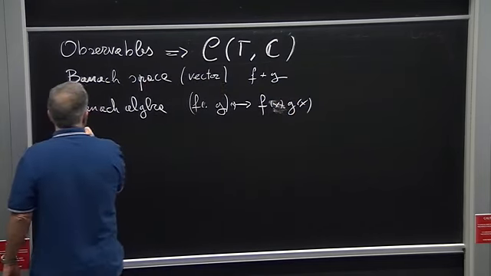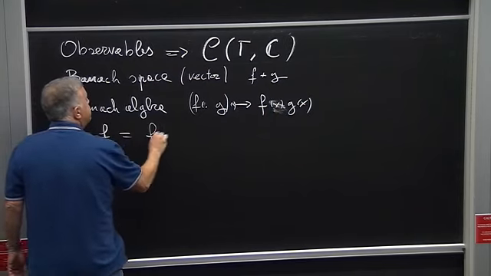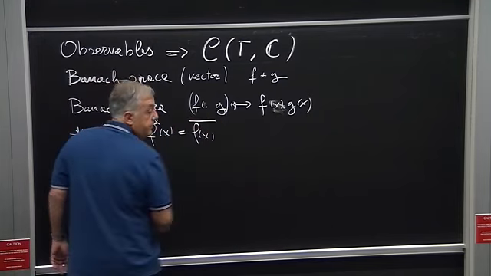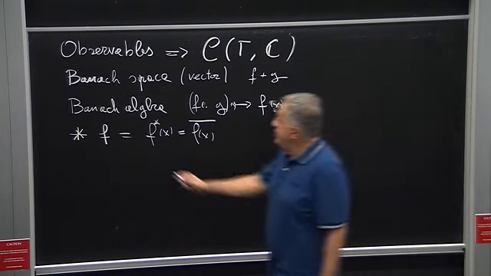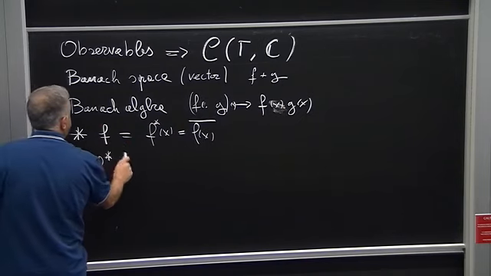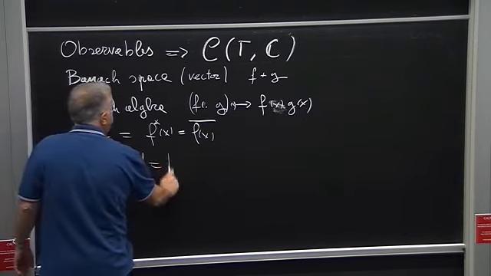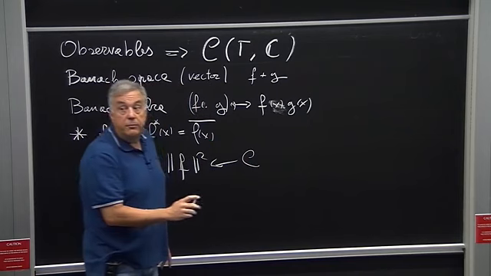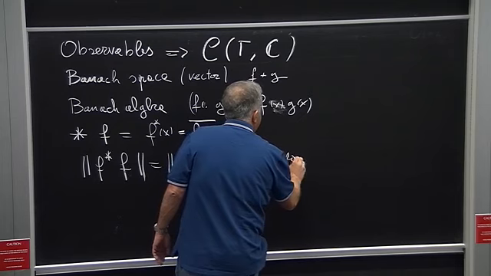And there is also an involution which sends f of x into its complex conjugate. You can verify that this involution satisfies the following relationship: the norm of f star f is equal to the norm of f squared. This is a very important property, which is called the C star property.